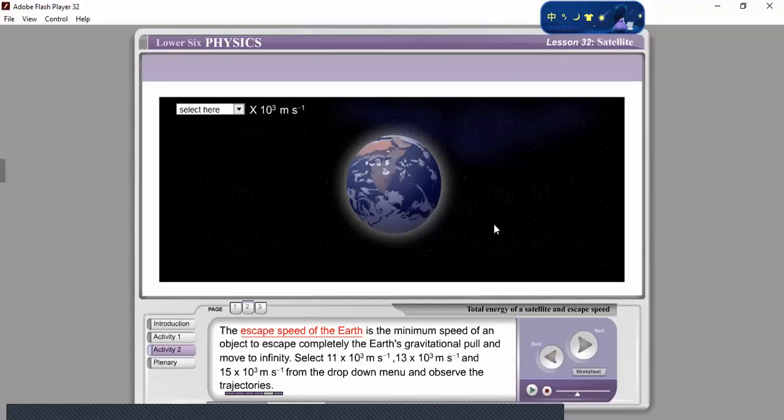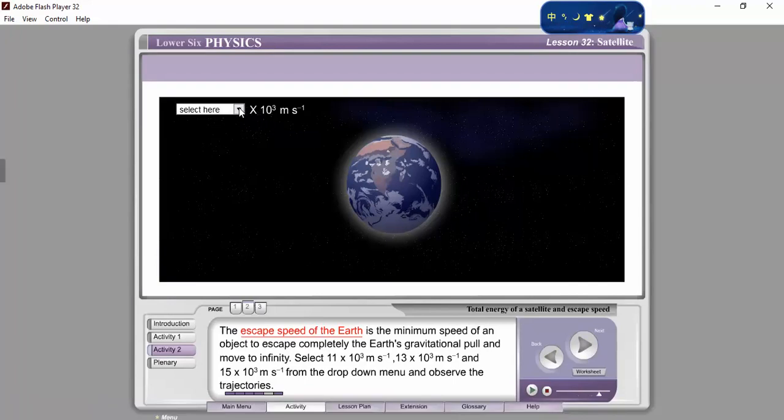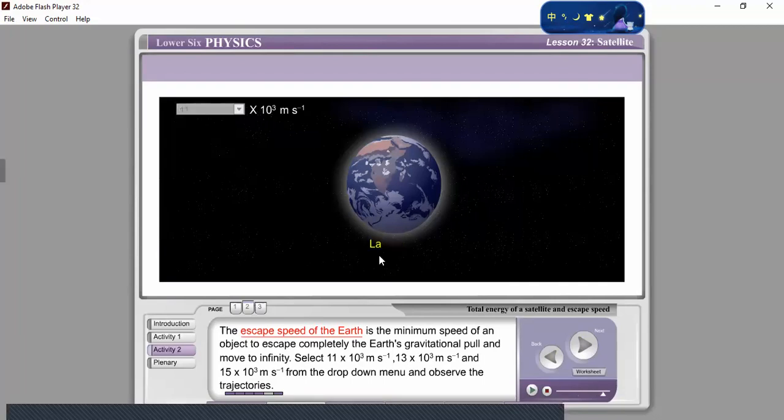Select 11 times 10 to the power 3 meter per second, 13 times 10 to the power 3 meter per second, and 15 times 10 to the power 3 meter per second from the drop-down menu and observe the trajectories. So 11 just escapes, right? Missile escapes completely from the Earth's gravitational pull.